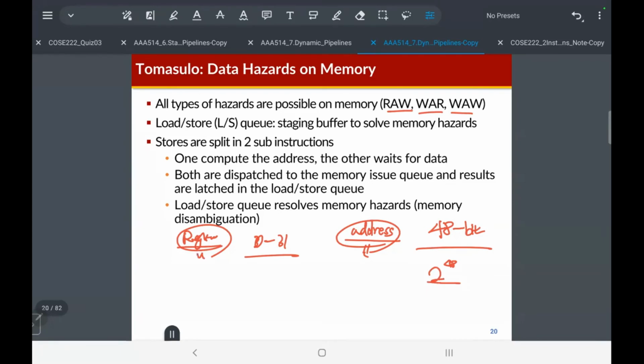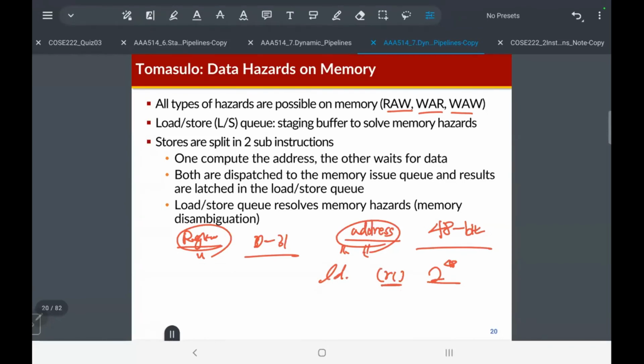Actually, the register number is a deterministic value, which means that the register numbers are included in the instructions. So we can easily recognize the register number, which means that we can easily check the data hazard on registers. But the address is determined by register values, and we may have 2 to the 48 different addresses.